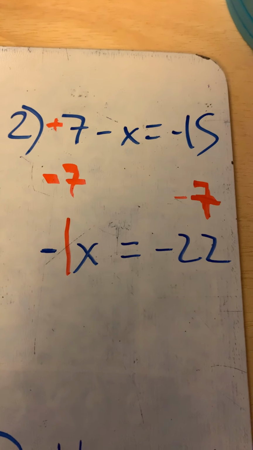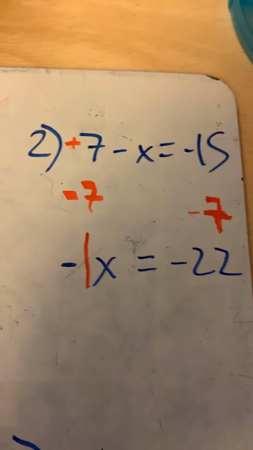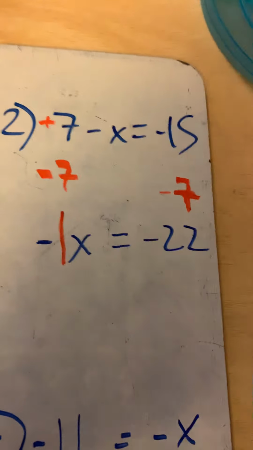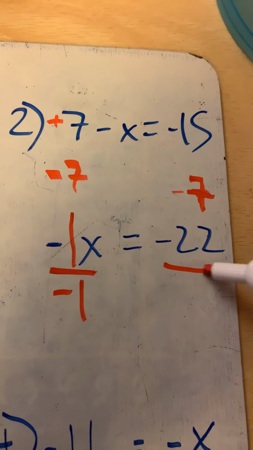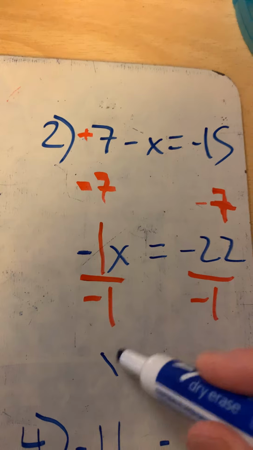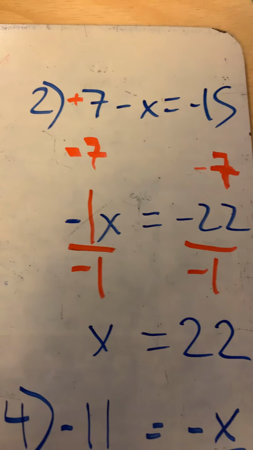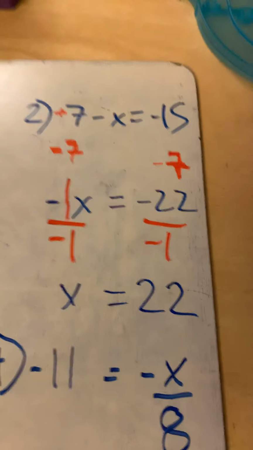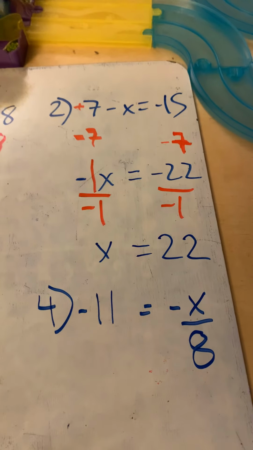That's negative 1 multiplied by x. So I do the opposite. The opposite of multiply by negative 1 is to divide by negative 1. And I do the same thing to the other side. And I get positive x, which is what I want, equals positive 22. Done. Okay, so that was an equation I started off solving by subtraction.